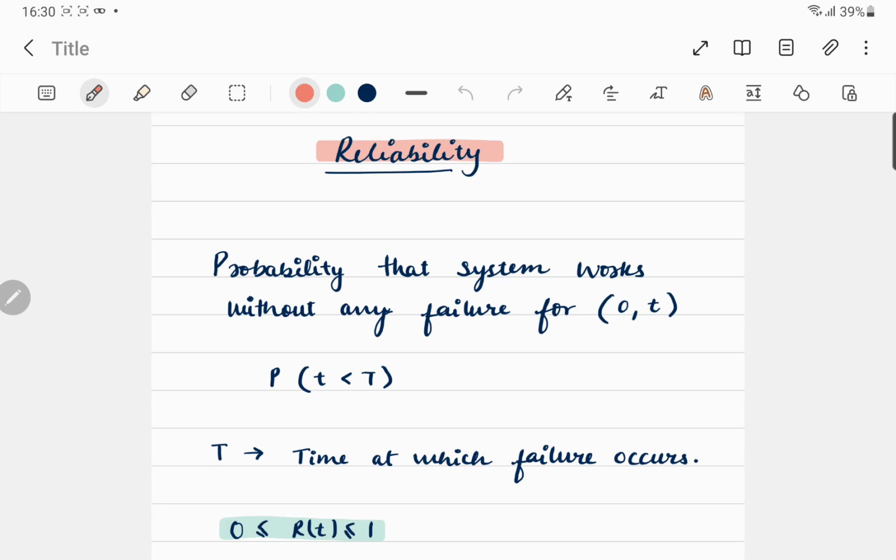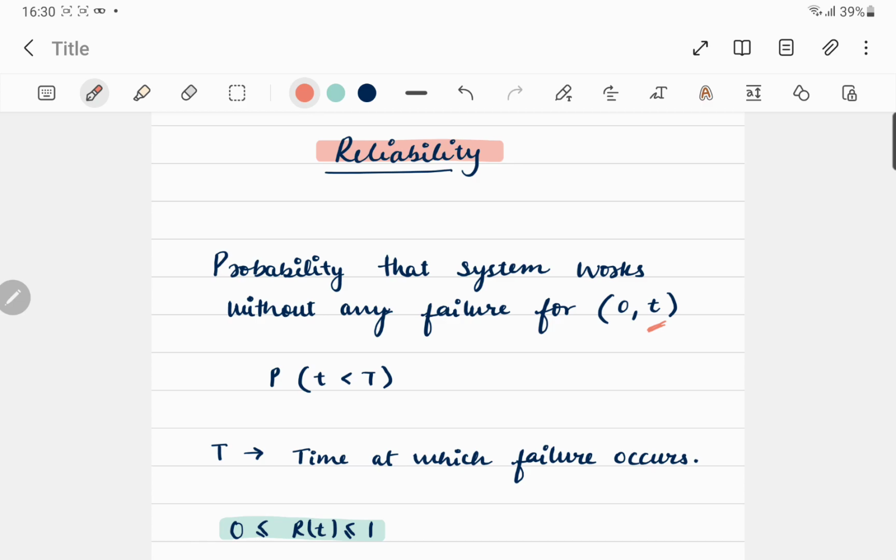So firstly, reliability is something that we consider in terms of machines or systems that are running. Reliability is simply defined as the probability that the system works without any failure for the time 0 to t, where t is the time for which the system works without any failure.